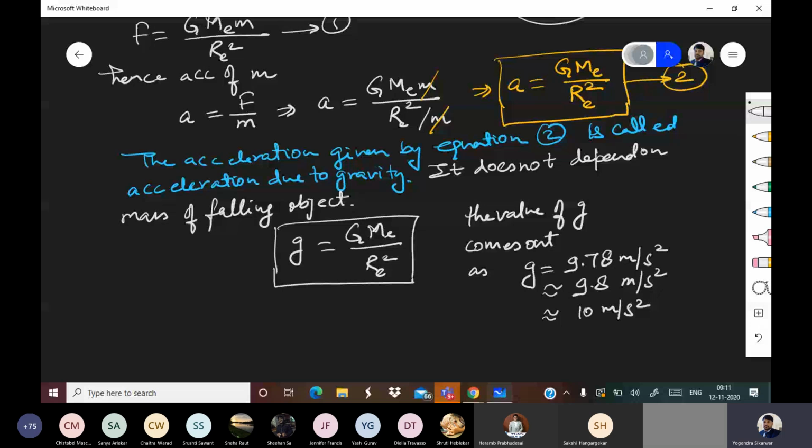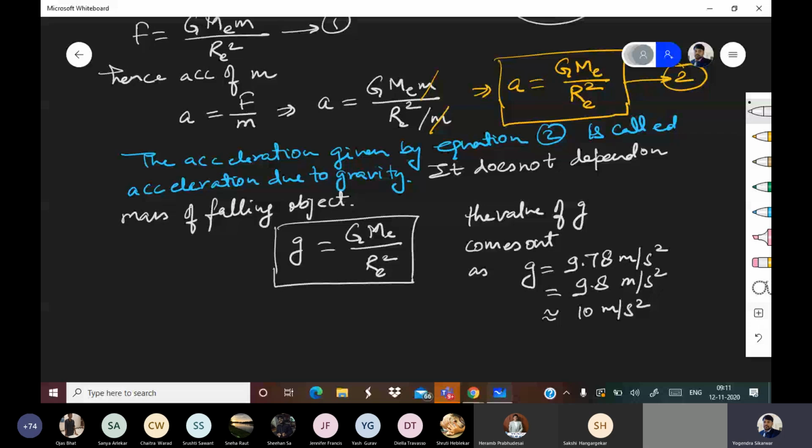This we do for simplicity, for ease of calculation. So g is equal to 9.78, which is approximately 9.8, and also approximately 10, that we use for the sake of simplicity.